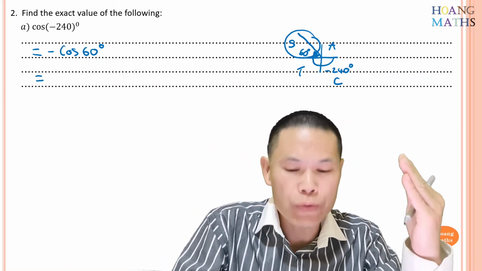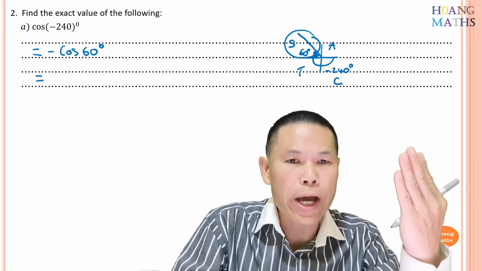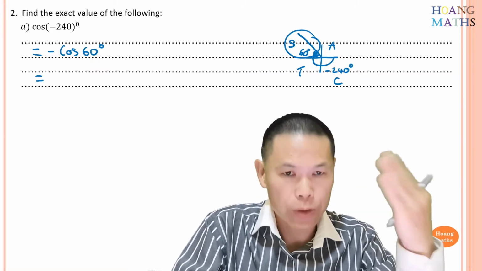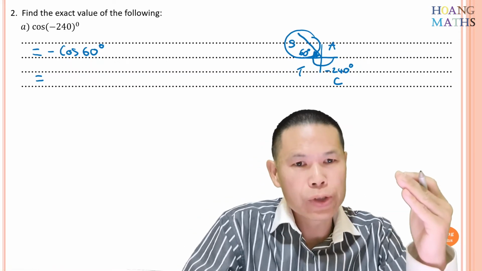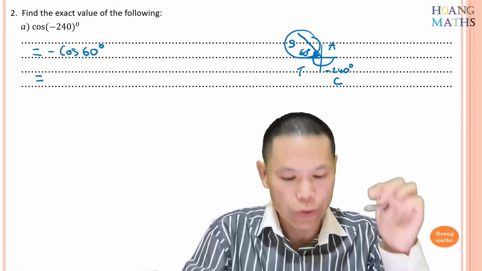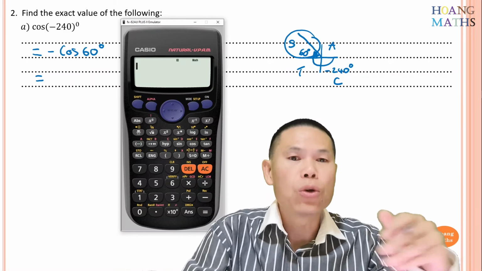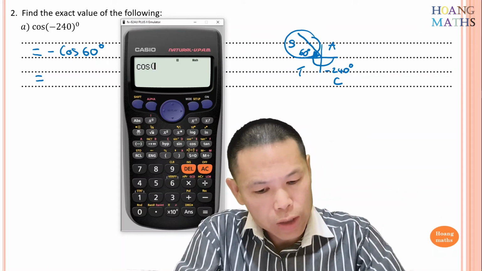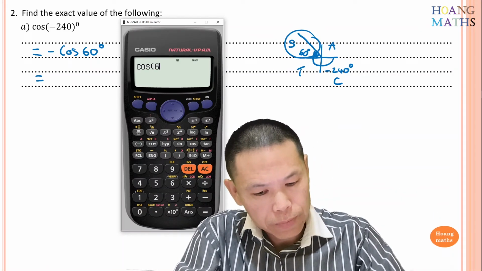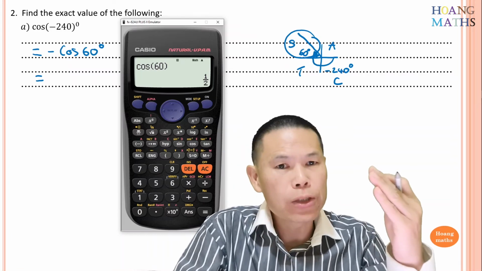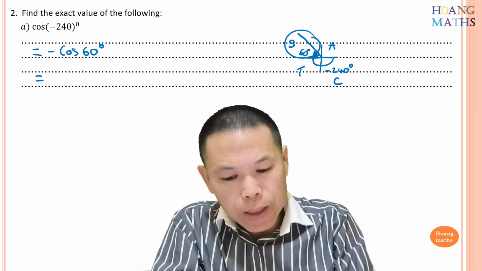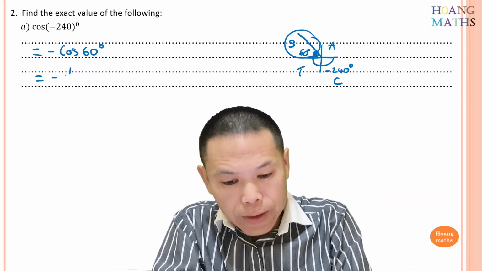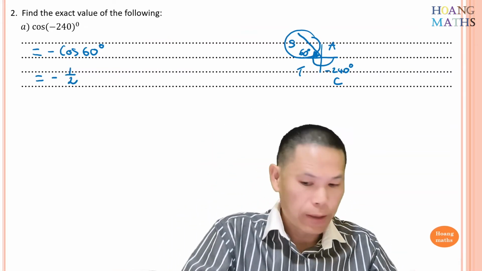Otherwise, if you don't remember this, again, draw a triangle out. Otherwise, use a calculator. In fact, I'm going to show you how to use the calculator as well, just in case you don't know how. So what we do, we just go cos of 60. It is already exact, so I don't have to square it, okay? So that will give me negative a half.